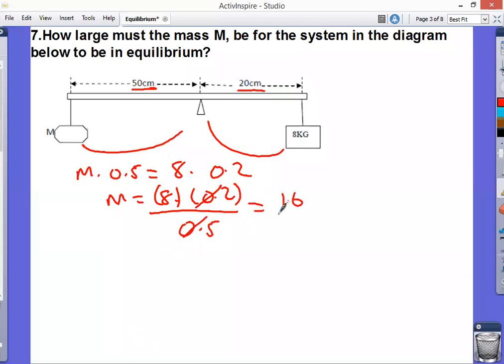So it's going to be 16 over 5, which is going to be 3.2. So the answer for m will be 3.2 kg. If m is located 50 centimeters away from the pivot, it has to be 3.2 kilograms in order to satisfy the equation. Okay.